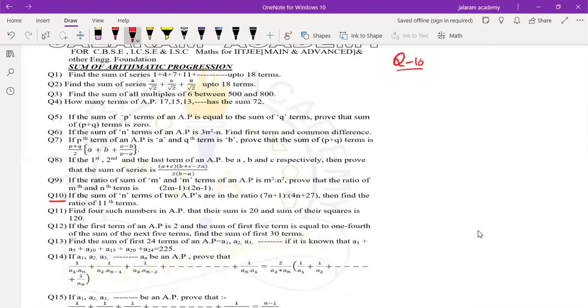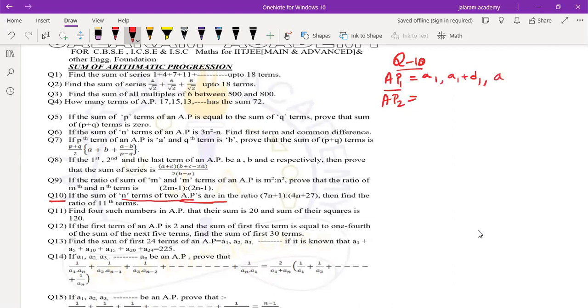If the sum of n terms of two APs, clearly there are two APs. So whenever you read this statement, two APs, we have to consider that there are two APs. If we consider one of the AP as AP1 and the other as AP2, and consider AP1 as A1, A1 plus D1, it means the first term of the first AP is A1 and its common difference is D1.